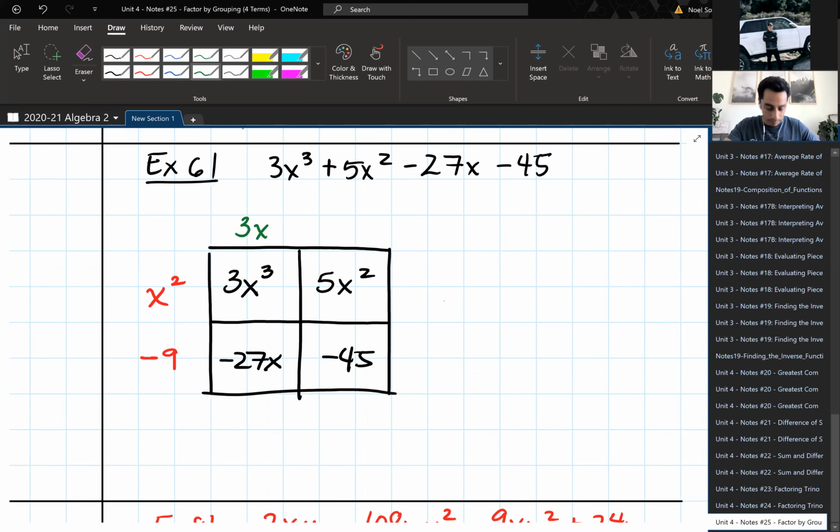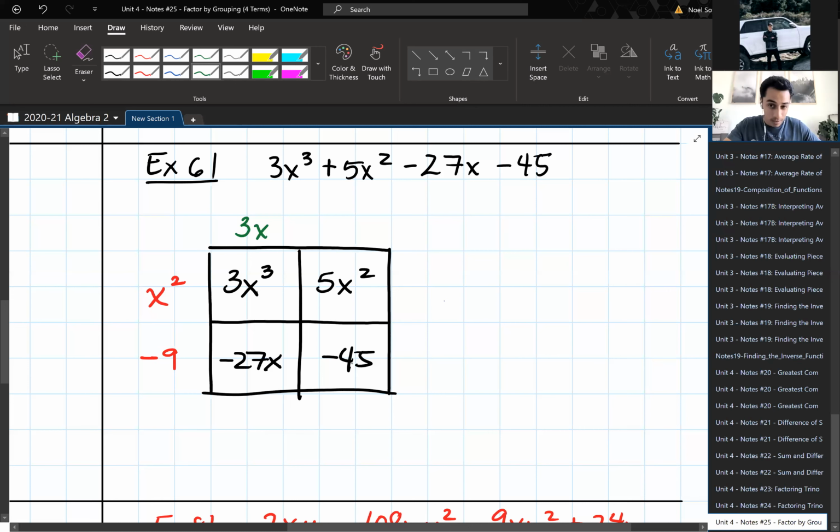Oh, but hold on. 5x squared would be your leading term. Negative 45 is your constant. Right, so typically the term on the top is your leading. All right, so that's your leading. So we could just do a positive 5. They don't have x in common, so it's just 5.